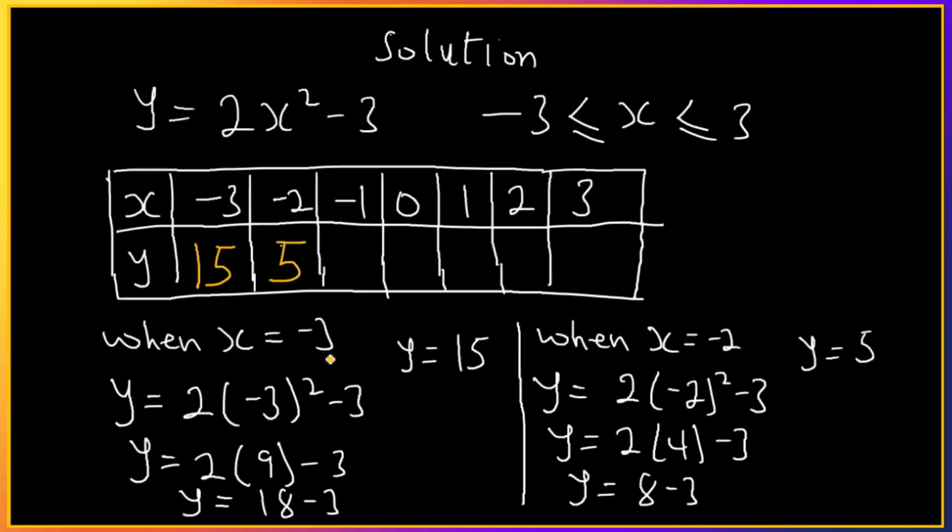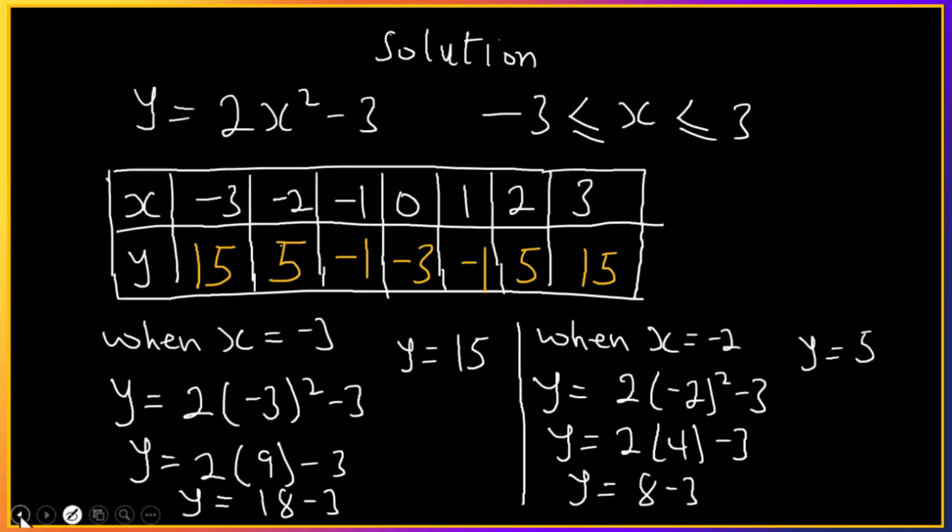So after substituting the other values inside, these were the y values that I had: negative 1, negative 3, negative 1, 5, and 15. So these are the coordinates of y with its respective x coordinate.